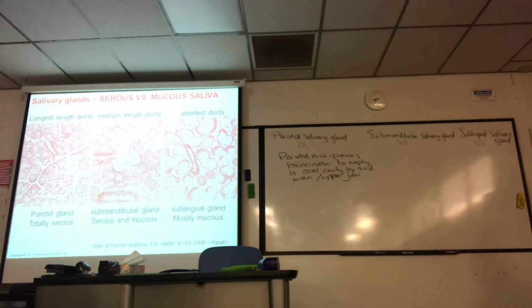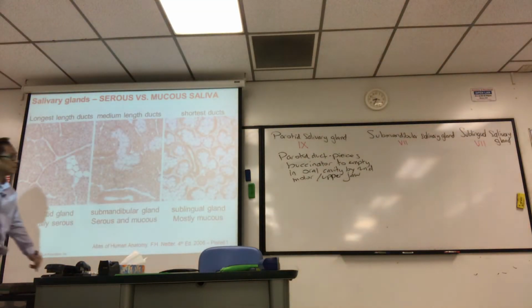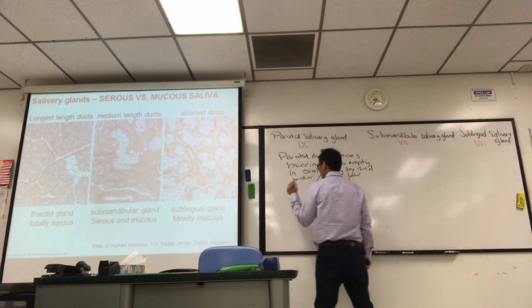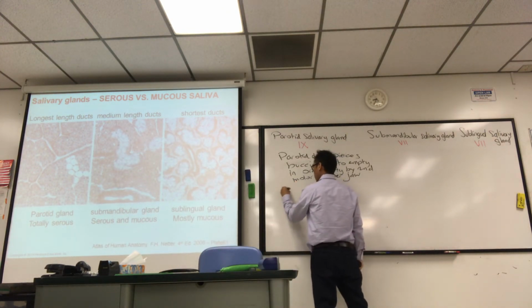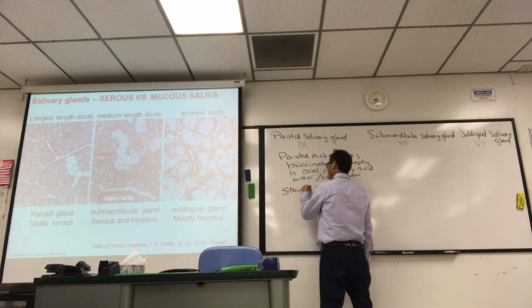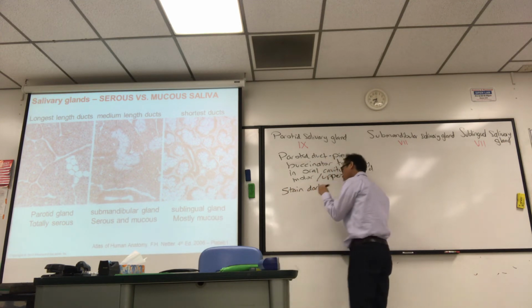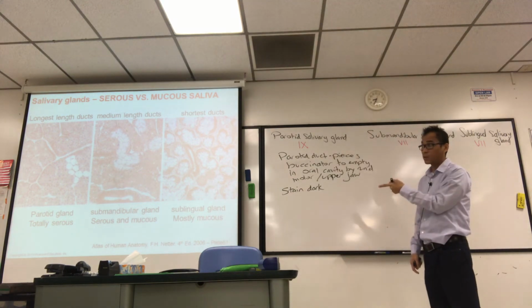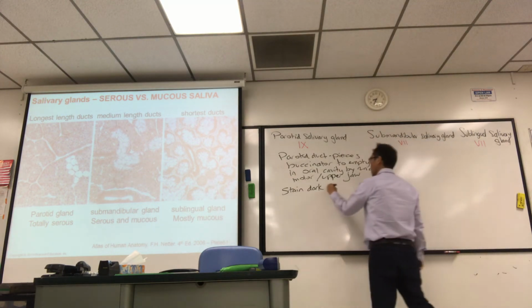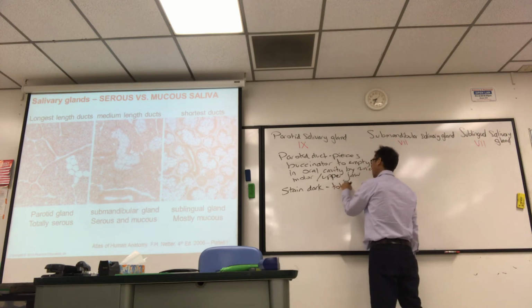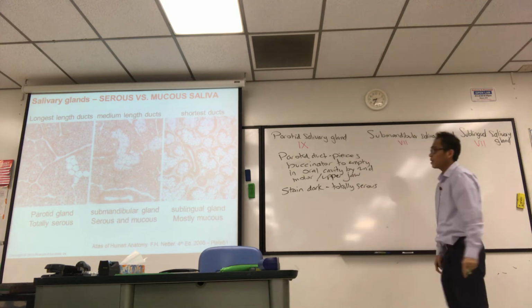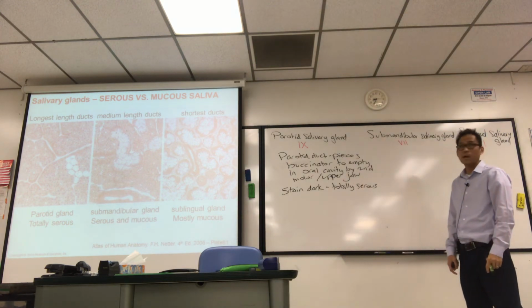So one way to tell what gland you're looking at in terms of histology is, if it's the parotid, it'll stain dark. Because the cells secrete serous saliva. In fact, it's totally serous. And as I say on the slide, it's because that parotid duct is the longest duct length.